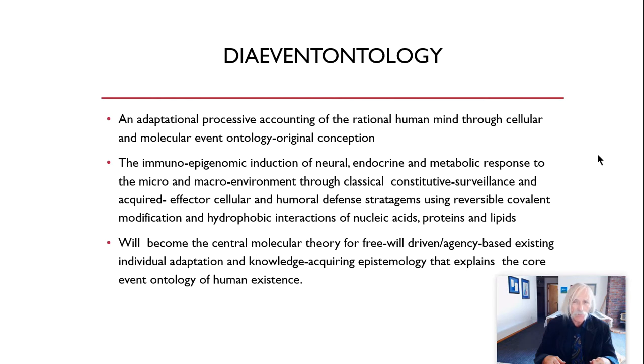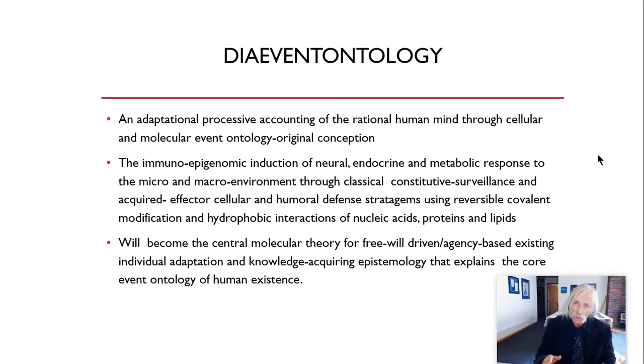Those changes in expression are, of course, the wheelhouse of epigenetics. That's why I call it neuroepigenomic immunome, right? That's the 3rd leg in that pyramidal planar discussion I have for Diaeventontology, which is going to be discussed right now, again, as a recap.